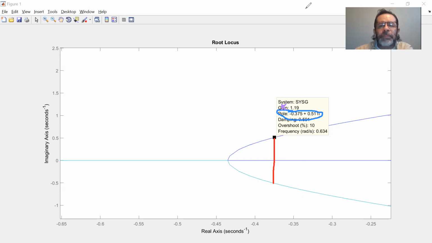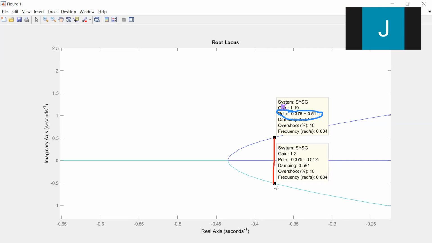So the poles are always going to come in pairs. So let's see what happens when I start looking here on the bottom. I just start tracing here on the bottom. If I go here to this spot, my line wasn't exactly... I want to see... It is just like a mirror. Yep, correct.